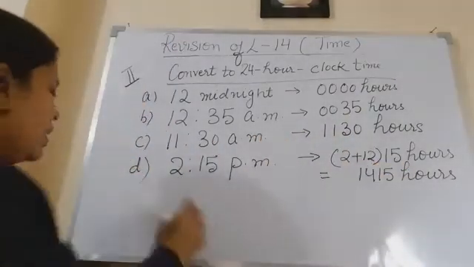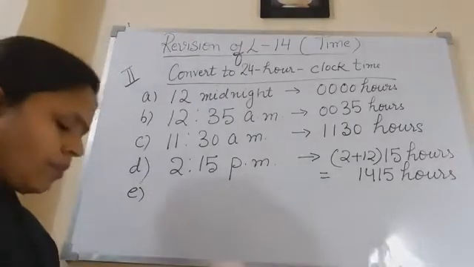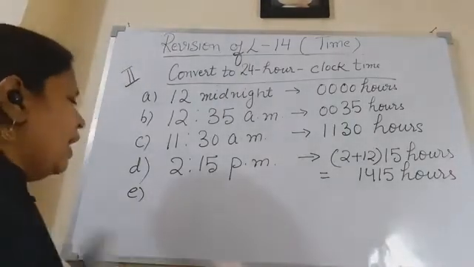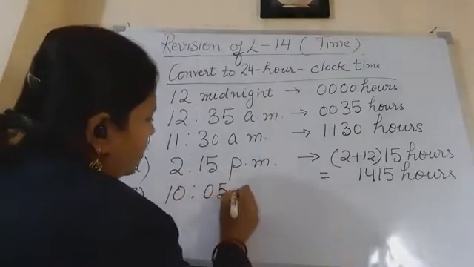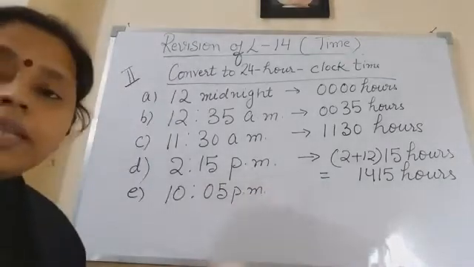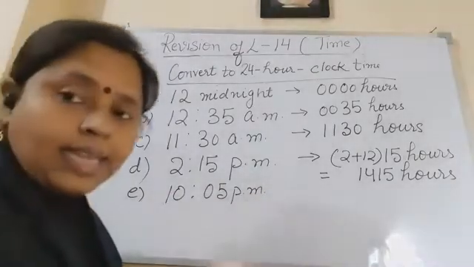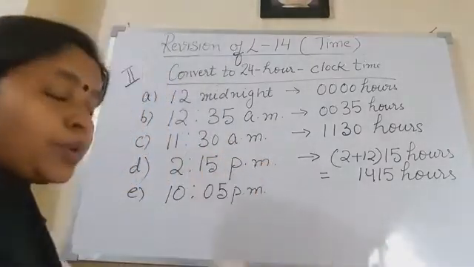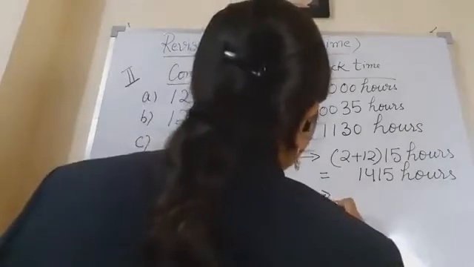So now children, let's do one more part of this question. So here we have 10:05 p.m. Again children, the time is given in PM. So what does it mean? It means that it is the time after midday. So you are going to add 12 to the hour. So let us see.